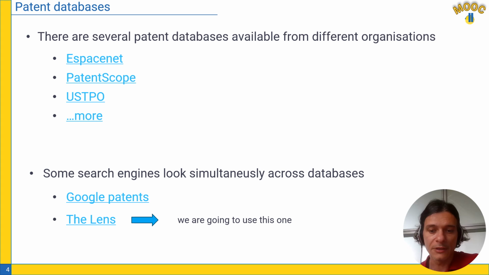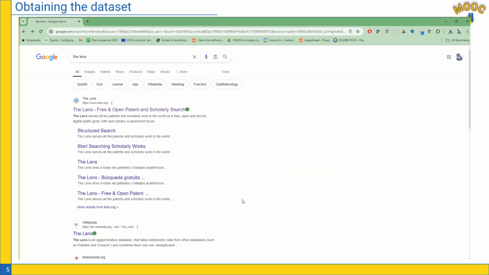But you also have data aggregators that are looking at multiple databases at the same time, such as Google Patents or the Lens. In this lecture, I'm going to show you how to use the Lens in order to retrieve your patent information.